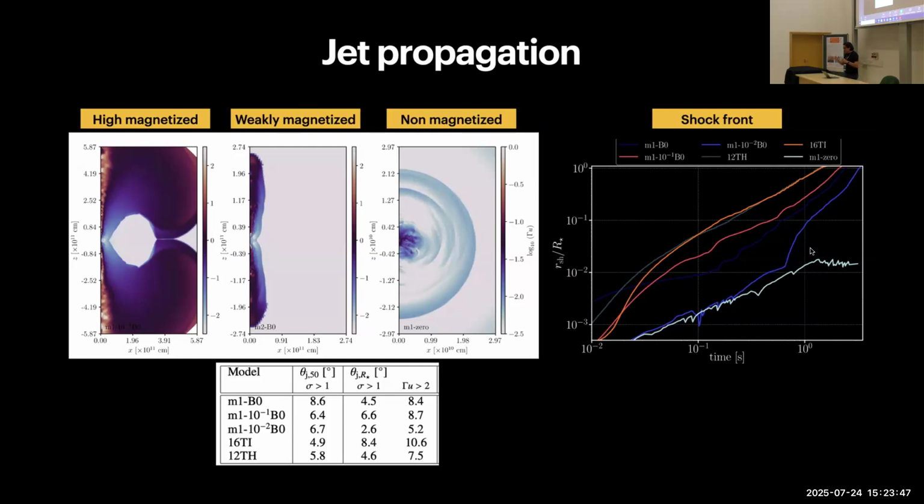When the winds coming from the accretion disk can support the jet, the shock front of this strong wind is stopped, for example, and also the jet opening angle is important. In some works the final jet opening angle is measured at the end of the simulation by the criterion of how magnetized the jet is: sigma greater than 1.